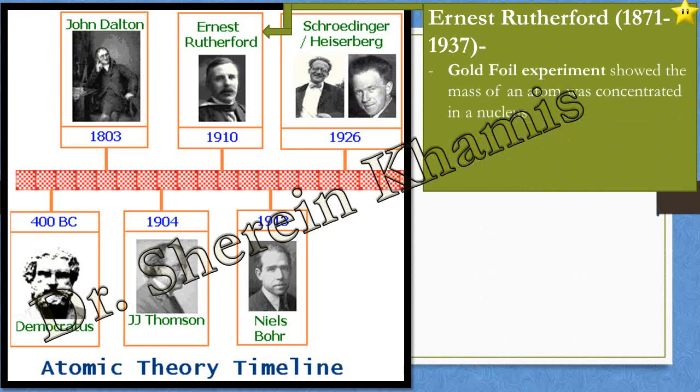We have the experiment, which we call the gold foil experiment. It showed that the mass of the atom was concentrated in the nucleus. So the main part of the atom is present inside what? Inside the nucleus.